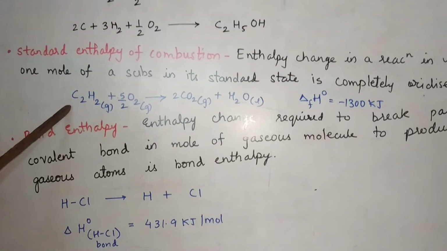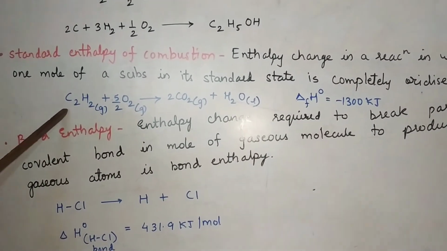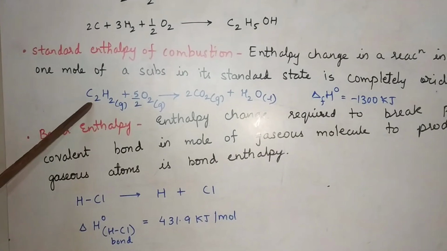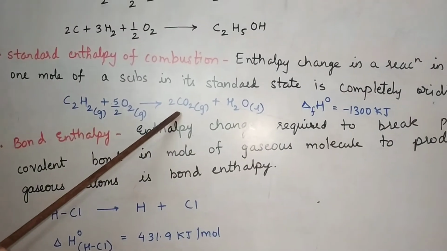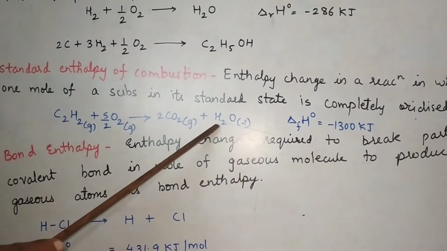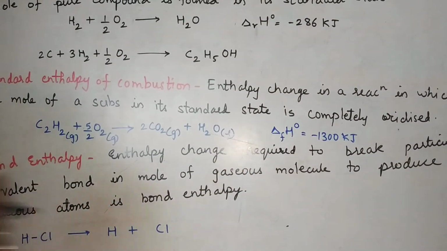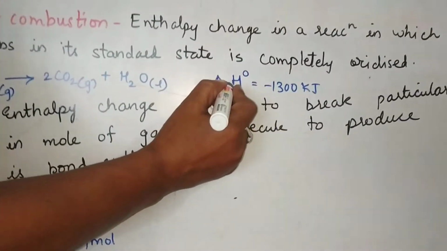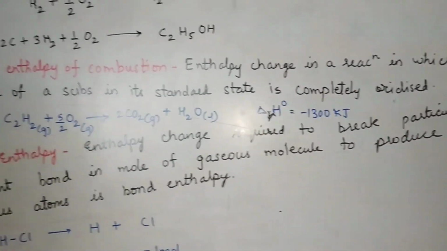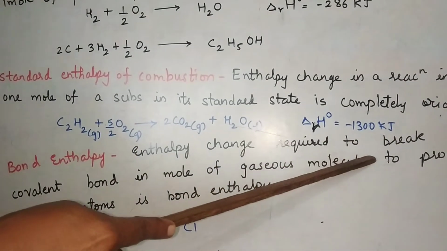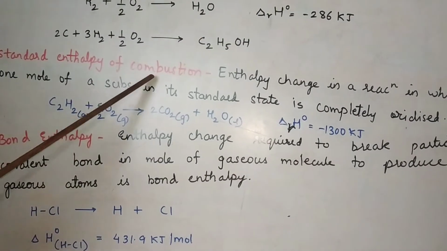This must be 1 mole because आपली डेफिनेशन ही 1 mole of a substance साठी असते. मग इथे 1 mole of a substance आहे, combustionचा रिएक्शन आहे, कुठलाही हायड्रोकार्बन बर्न होताना the products formed will be always CO2 and H2O. So इथे the delta H0 for the reaction, F नको इथे R पाहिजे, it should be R. Delta H0 for this reaction must be minus 1300 kilojoules. It must be like that. So this becomes standard enthalpy of combustion.